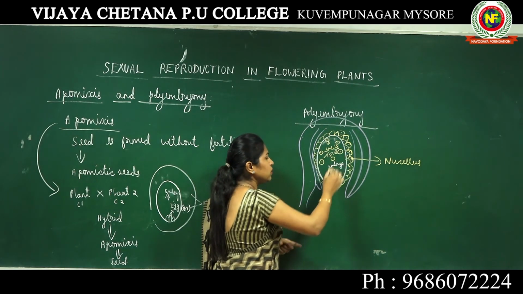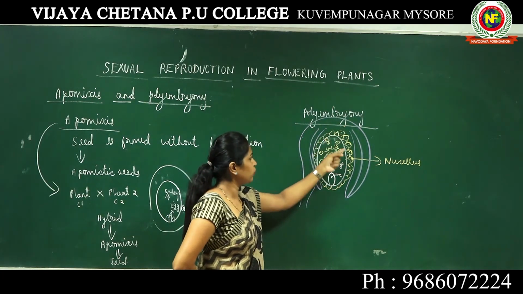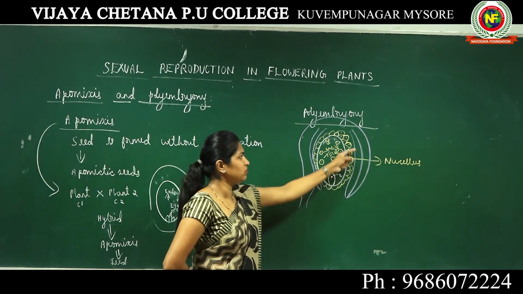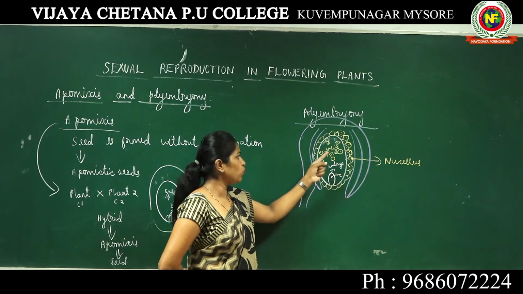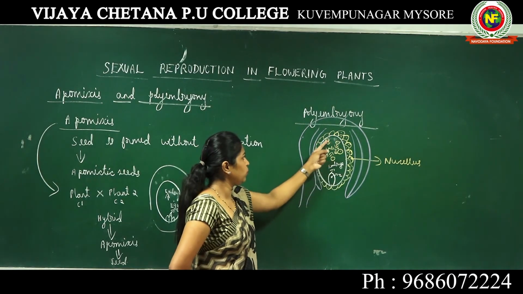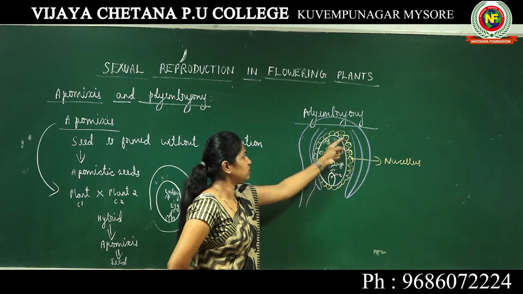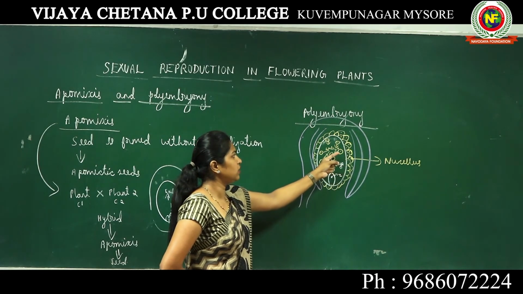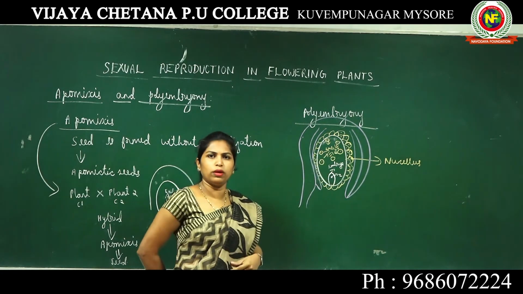So now imagine, forget about the embryo sac, we will consider this ovule which is going to develop into a seed. Inside every seed, instead of one embryo, you have multiple embryos. These embryos are developed from the nucellar cells which are surrounding the embryo sac, which move inside the embryo sac, and independently they develop as new embryos.